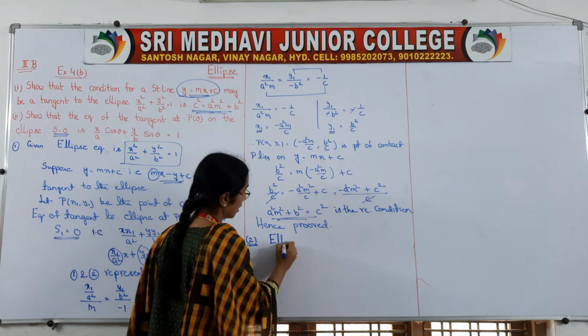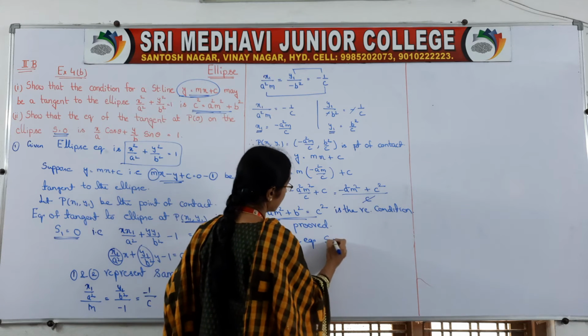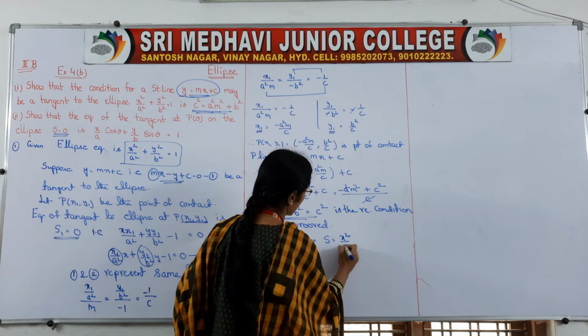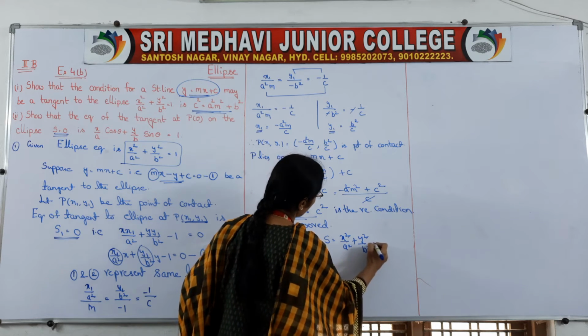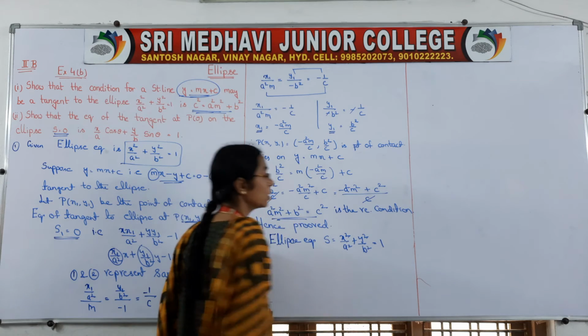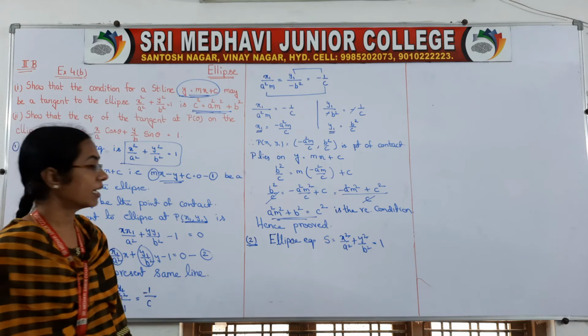The ellipse equation S = x square by a square plus y square by b square minus 1 = 0, or equal to 1.